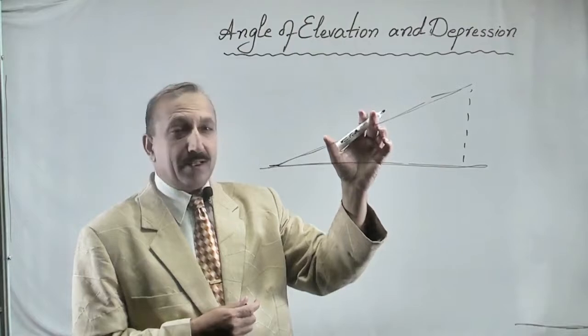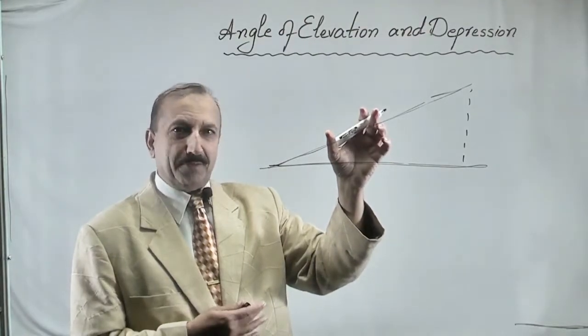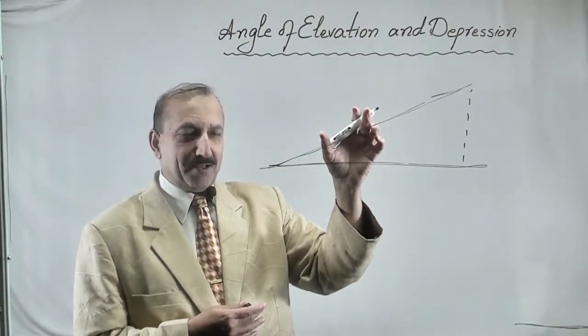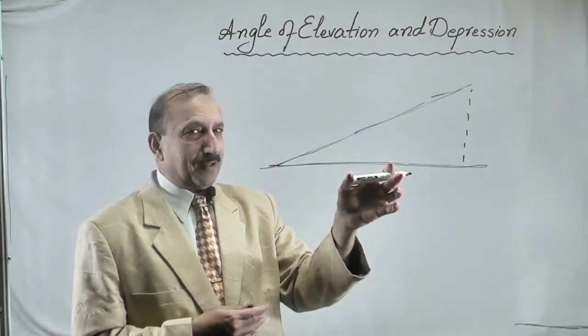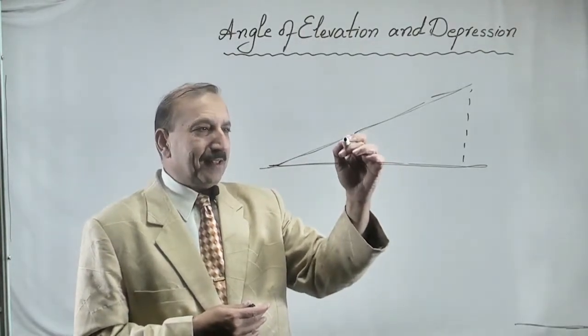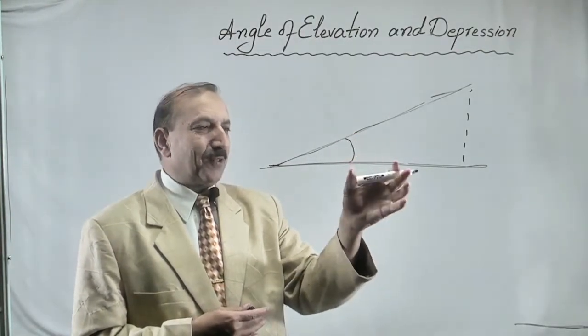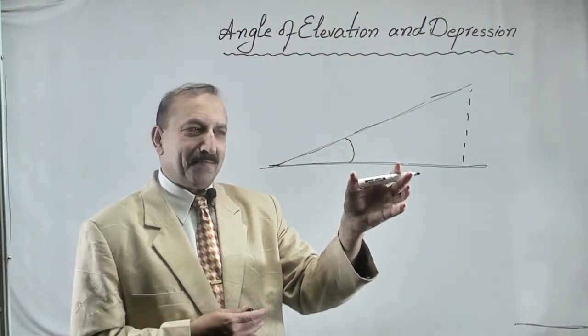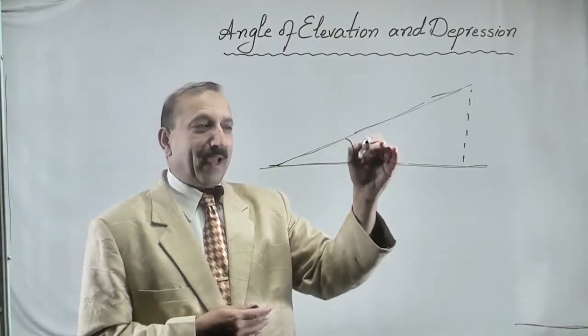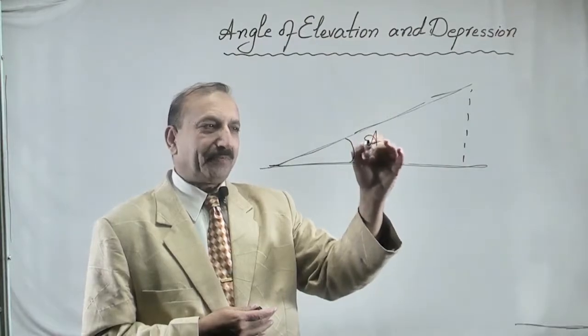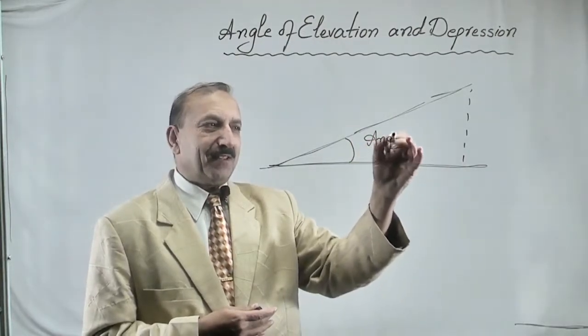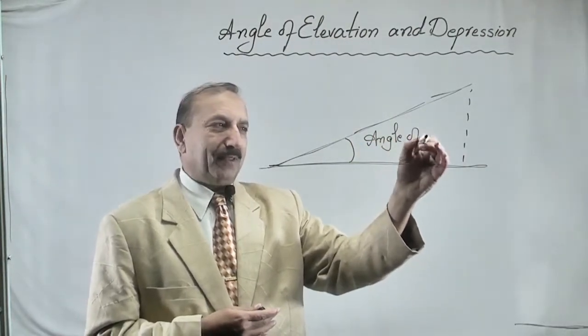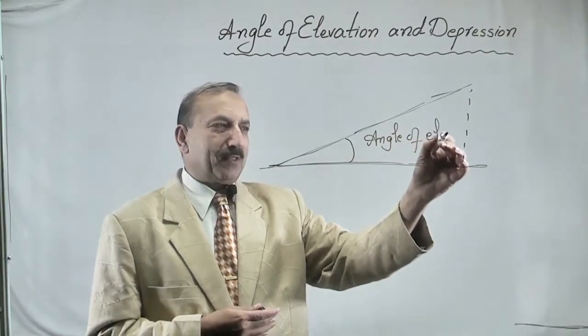My line of sight is now here. This line of sight, which is above the horizontal line, is making an angle with this horizontal line. This is called the angle of elevation. This is the angle of elevation, my dear students.